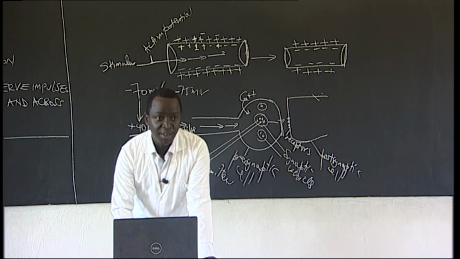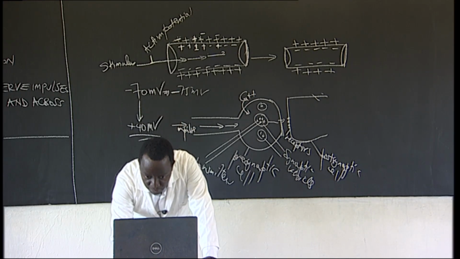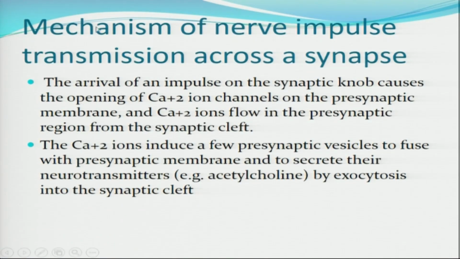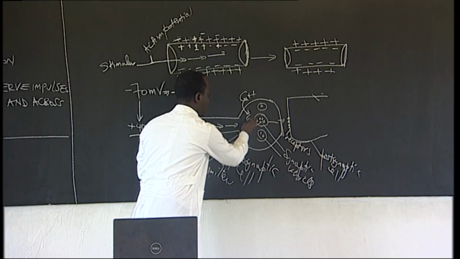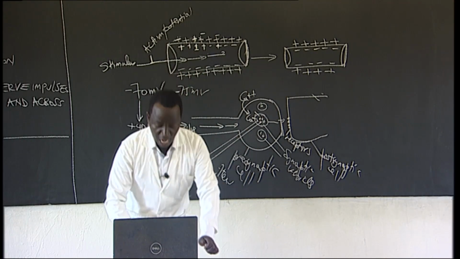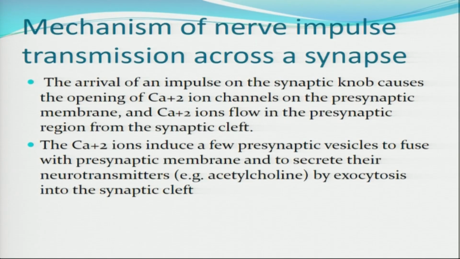Now, let's see what happened. The arrival of this impulse on the synaptic knob causes the opening of calcium channels in the presynaptic membrane. Calcium ions get inside here. Those calcium ions flow into the presynaptic region from the synaptic cleft.